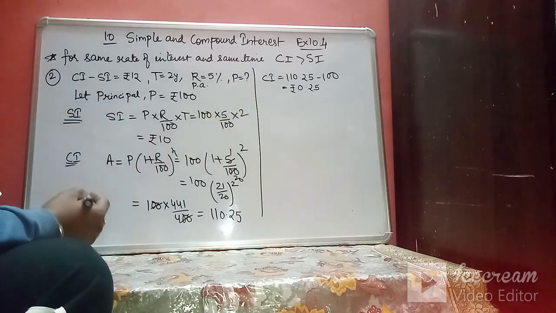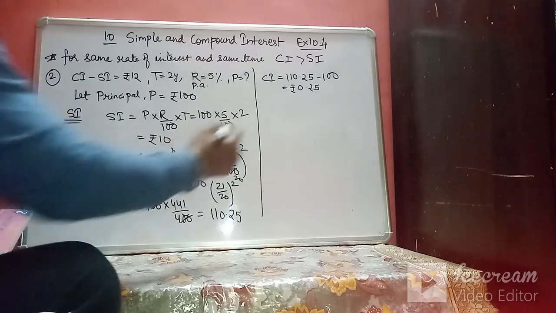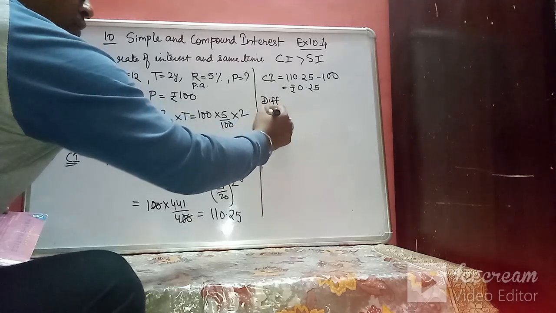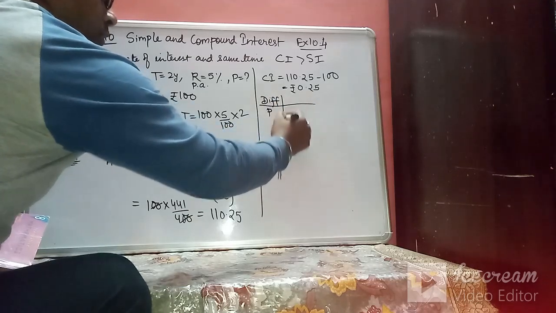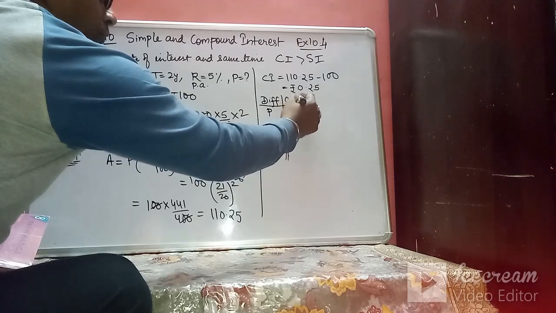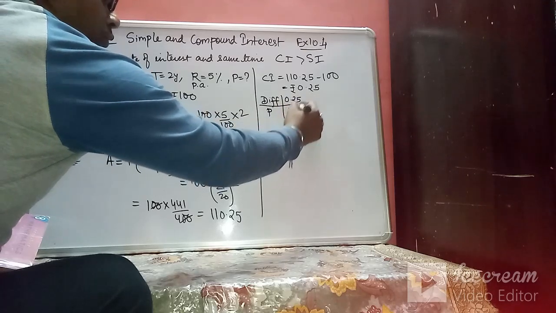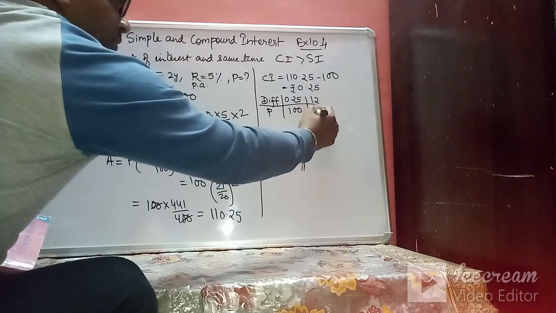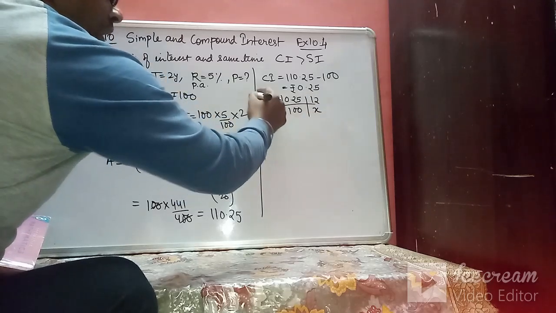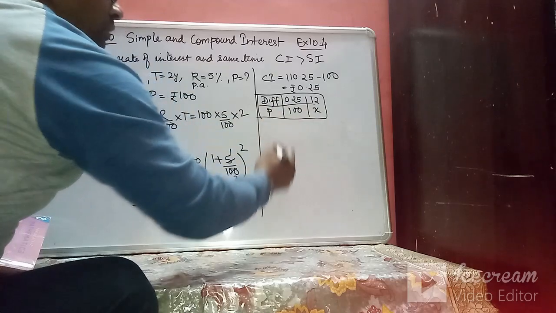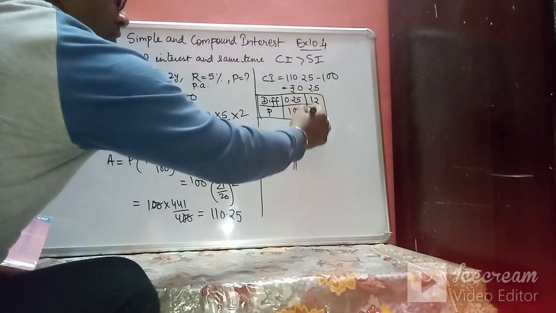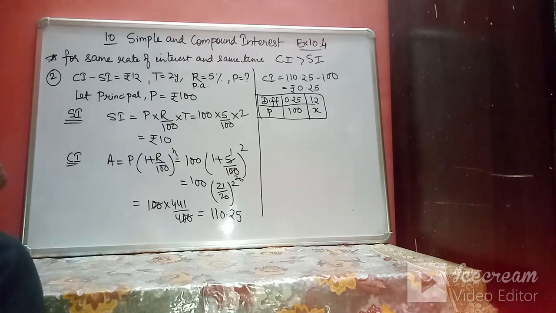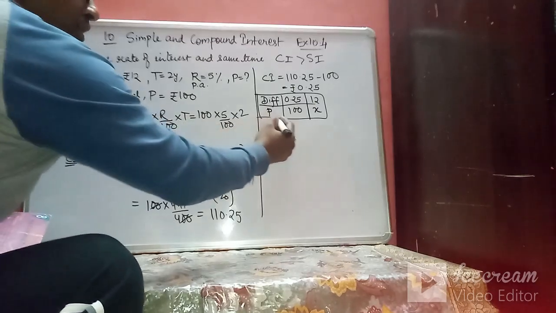Okay. Now we will calculate the principal using the unitary method concept, that is direct and inverse variation we have studied. So we will use the direct variation concept. We will make a table of difference and principal. When the difference is 0.25, our principal was rupees 100. When the difference is 12, let the principal be x. Since as the principal increases, difference also increases, it is direct variation.